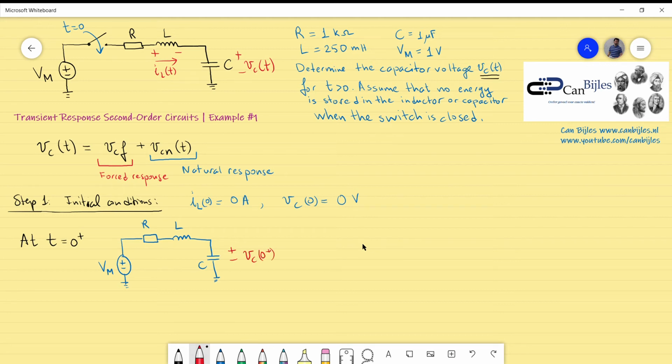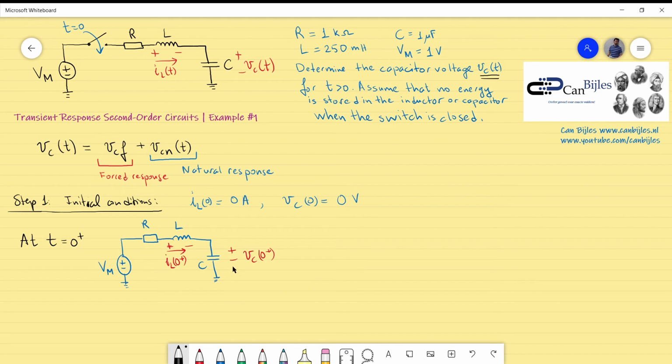It is useful to calculate also the inductor current at switching, even if it is not required here in the question. Now, for the inductor and for the capacitor, there is a condition for the continuity.